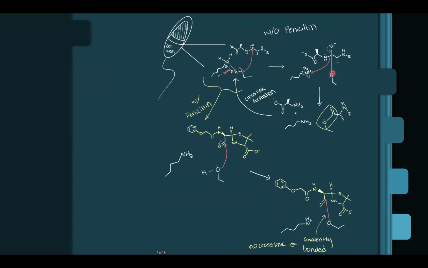Because for a crosslink to form, you have your transesterification, and then these two need to unlink so that another amino acid can form a link, and then you can have a renewal of your OH and your NH. But when you bind with penicillin, it covalently bonds, which means that there's no cross-linking, which causes the bacterial cell wall to weaken. Now you may be wondering, how come it doesn't hurt human cells? It's because our human cells do not have cell walls, so there's no crosslink formation to be inhibited.